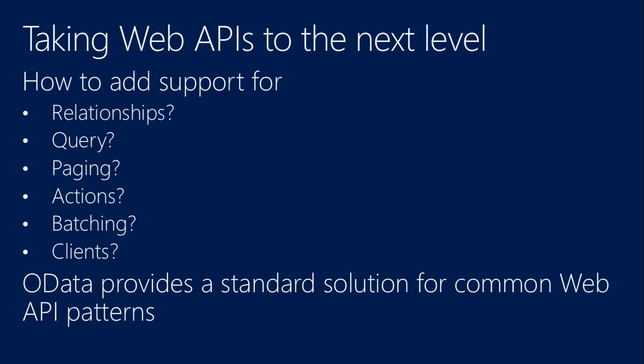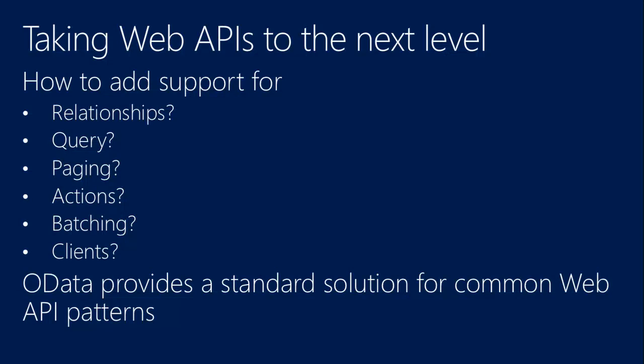Batching. You want to send a whole bunch of requests all together so you can save bandwidth, save battery. How do you do that? You can invent your own or use an existing protocol. And you'd ideally like to solve all of these problems in a way that people who want to consume your web APIs can already know how to do it. Ideally, they don't have to relearn a new way of doing query, of doing paging, of doing batching with each new web API that they encounter.